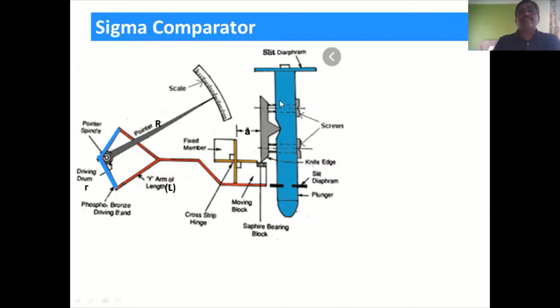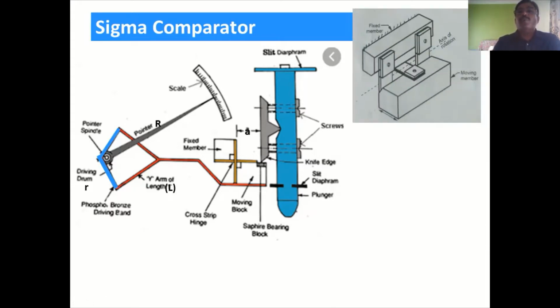Second thing is that this knife edge is connected with the plunger, and the lower end of this plunger bears on the moving block of this cross strip. Now this cross strip consists of two blocks. Here you can see in this picture, it is very clear: fixed block and the moving block, and they both are connected with the flexible strip at right angle to each other.